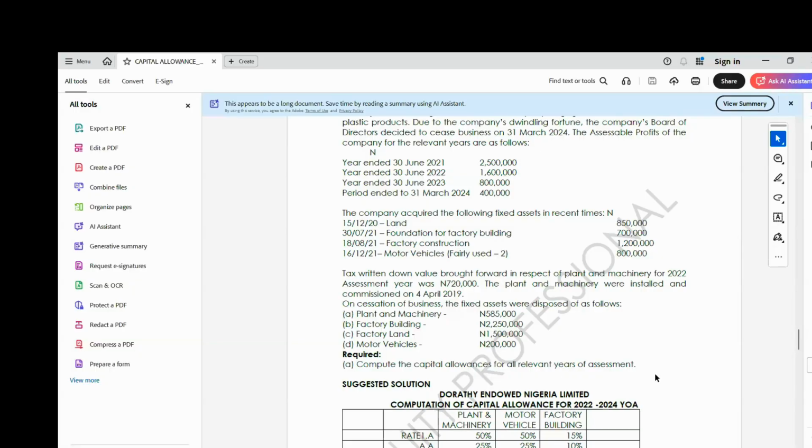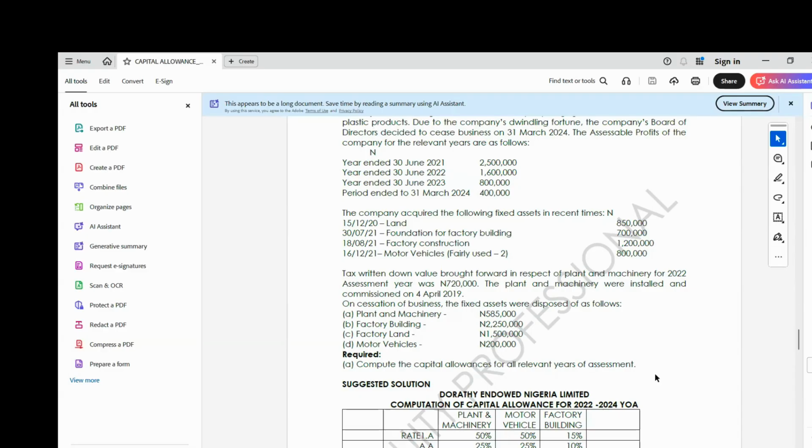As we already know, as far as capital allowance is concerned, to be able to compute capital allowance, you need your knowledge of assessable profit. So we need a good and sound knowledge of assessable profit to be able to compute capital allowance.